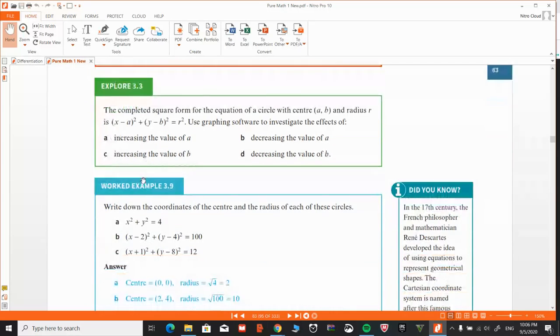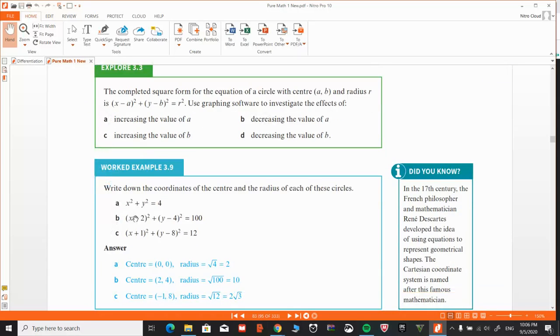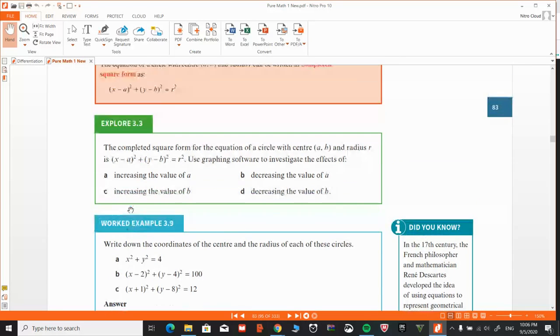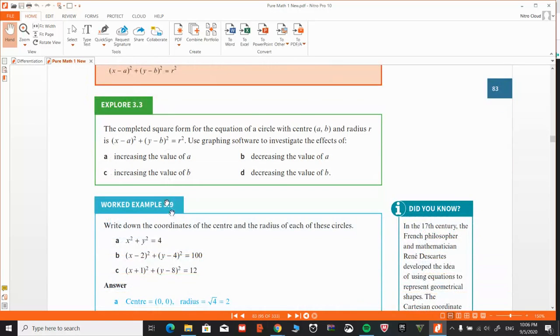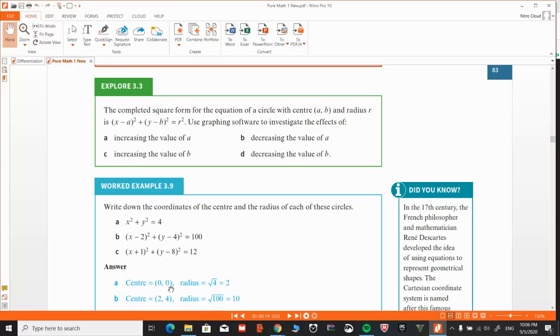This is the formula. Always remember the minuses are part of the formula, and r is the radius. So for example, if I take a look at this equation, you can see that nothing is written for the center, okay? It's as if x minus 0 whole square plus y minus 0 whole square is equal to r square. R square is 4. If I ask you what the center and radius are, you'll say the center is 0, 0 and the radius, if r square is 4, then the value of r is 2.